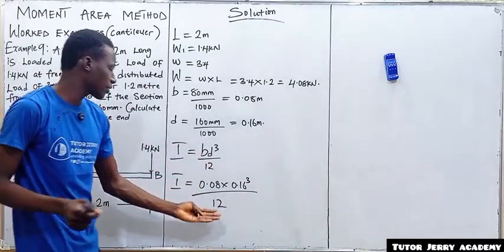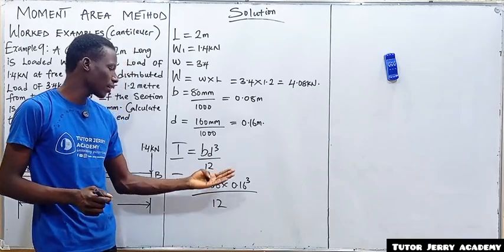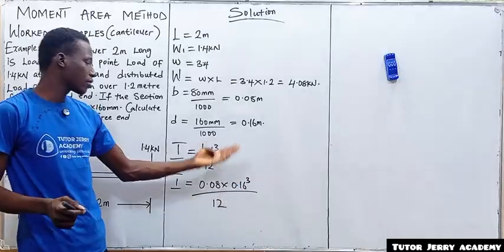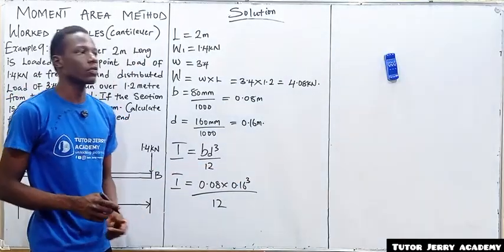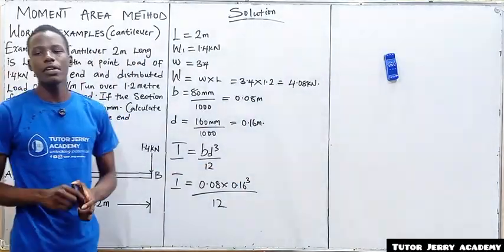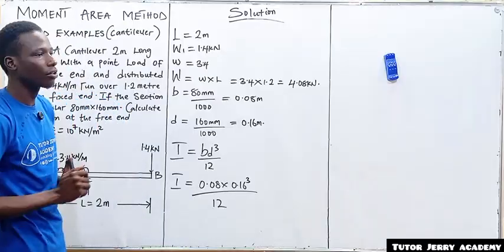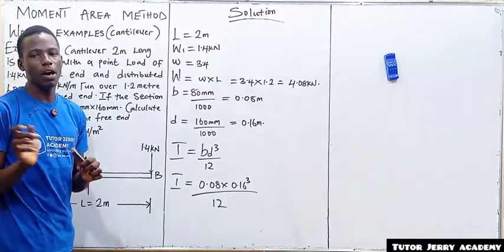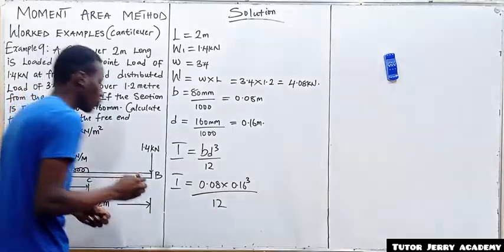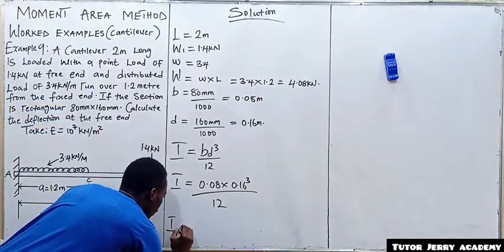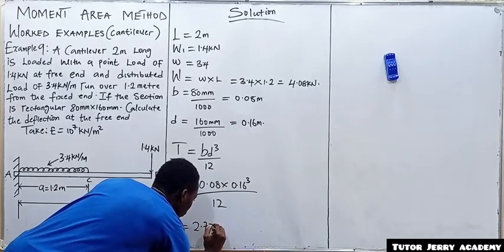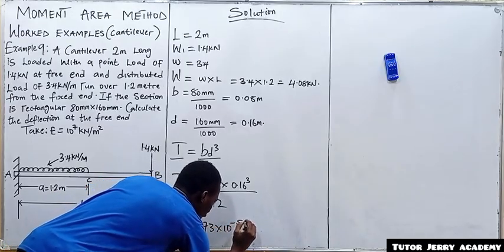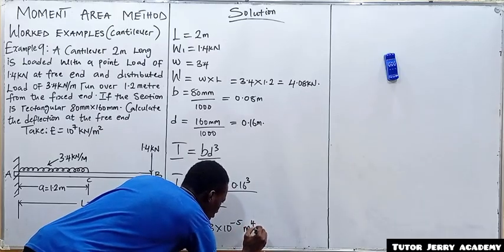Now 0.08 multiplied by 0.16 to the power of 3 all over 12 will give us 2.73 times 10 to the power of minus 5 meter to the power of 4.